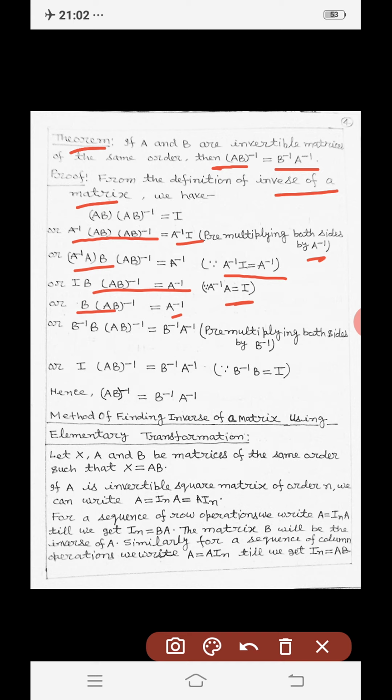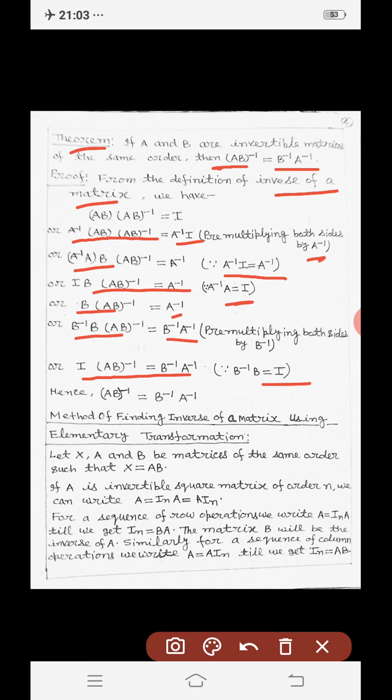And here again pre-multiplying both sides by B inverse, we get B inverse B into inverse of AB is equal to B inverse A inverse, and this is equal to I into inverse of AB is equal to B inverse A inverse. Here the reason is B inverse into B is equal to I. So finally we get inverse of AB is equal to B inverse A inverse.